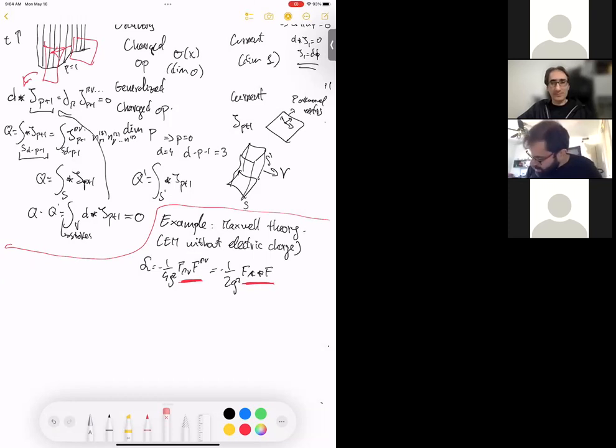So anyway, you have this theory, and it has some equation of motion. This is the equation of motion of Maxwell theory. It's just d hodge star of F equals 0. That's the differential form version of it. You might be more familiar with its more standard notation. These things are the same.